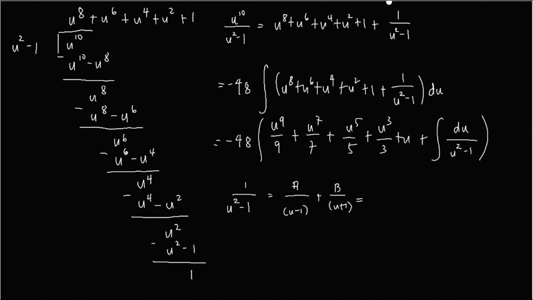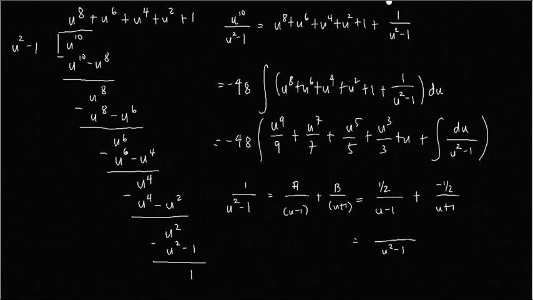Okay, so mag-iisip tayo ng dalawang values na angkop dito. So pwedeng 1/2, nasa taas niyan, times u minus 1 plus pwedeng negative 1/2 ito, times u plus 1. Let us check. Kapag kinos-multiply natin yan, we have u times u plus 1 times u minus 1 is u squared minus 1.